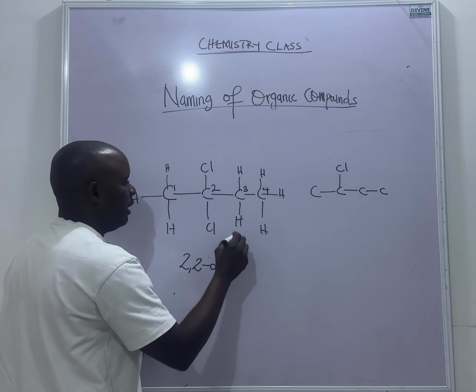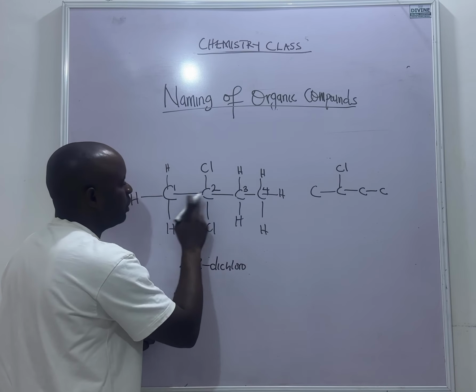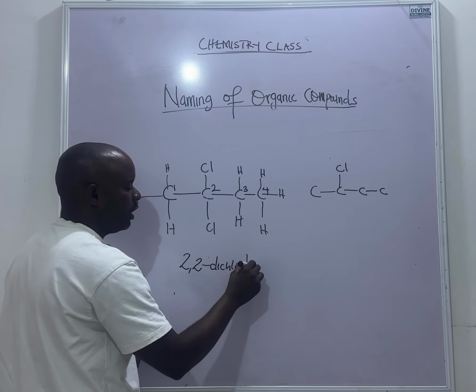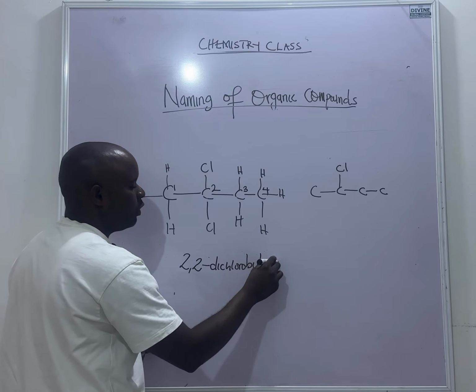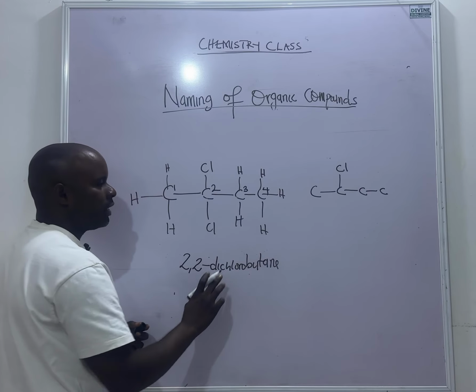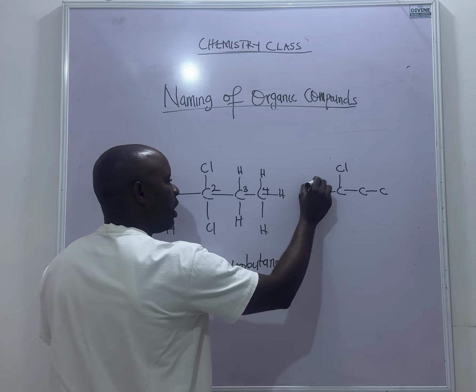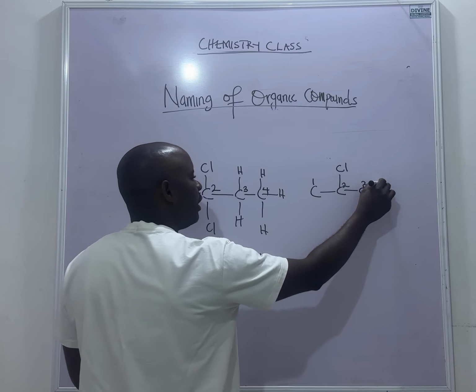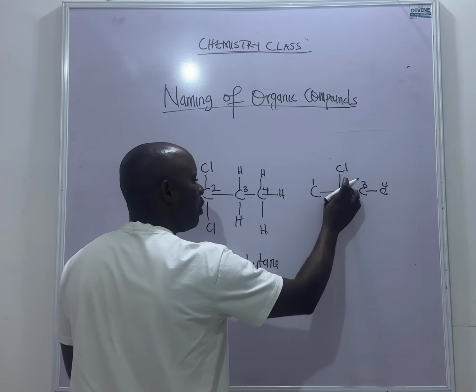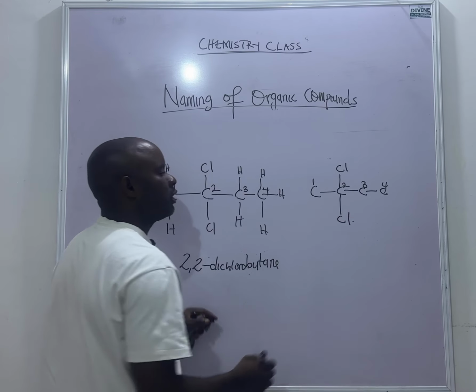The parent name comes in 1, 2, 3, 4 as butane. This gives me a better idea if I'm writing the structural formula. That is to say, I number from here 1, 2, 3, 4, and at carbon 2 we have the two chloro groups attached to the carbon.